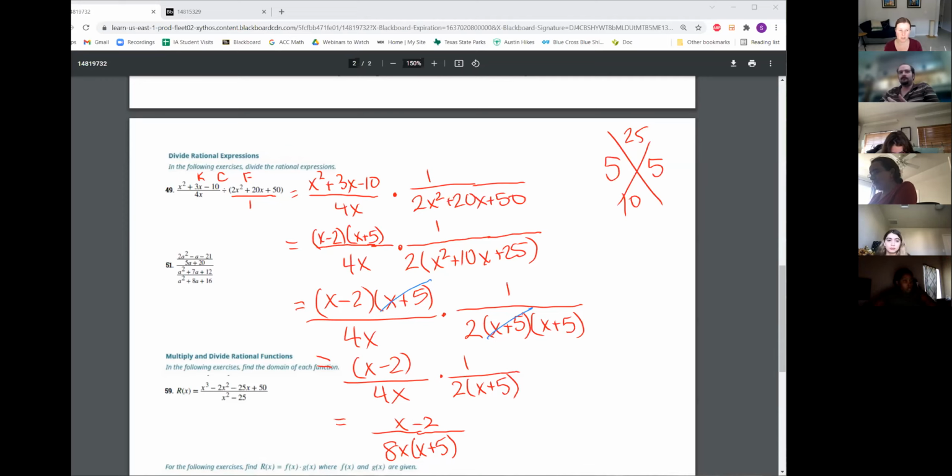You've got to pull your GCF to make it as simple as possible. If I put 2 outside, it's going to be 8x times x plus 5. Yeah, same thing. Perfect. Thank you. Did anyone else have any questions on this one?